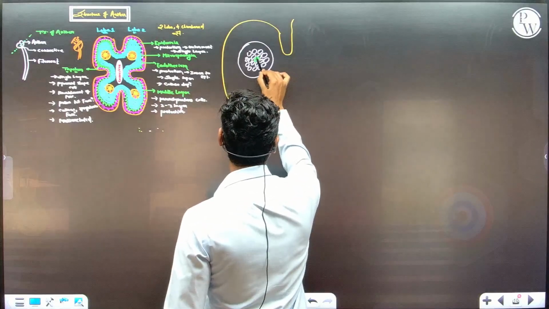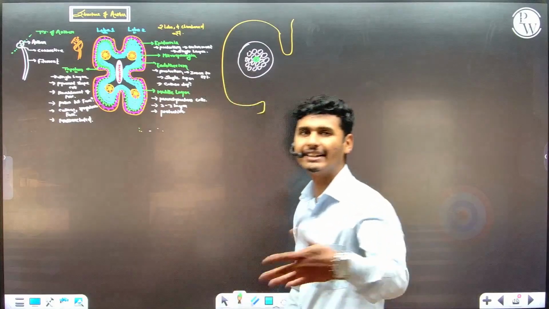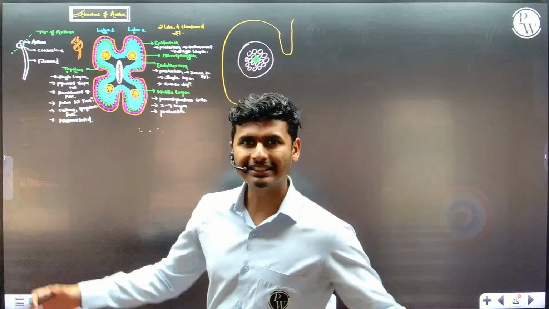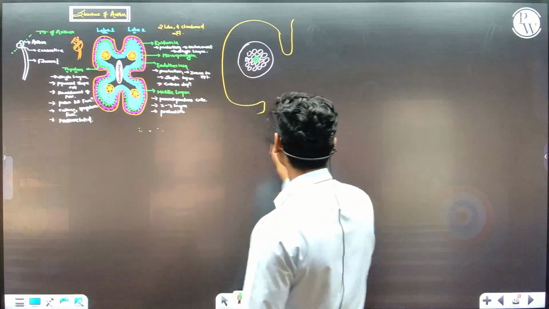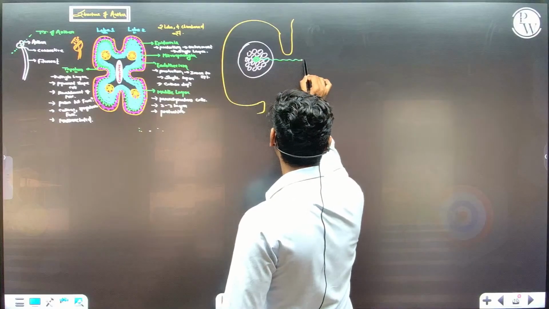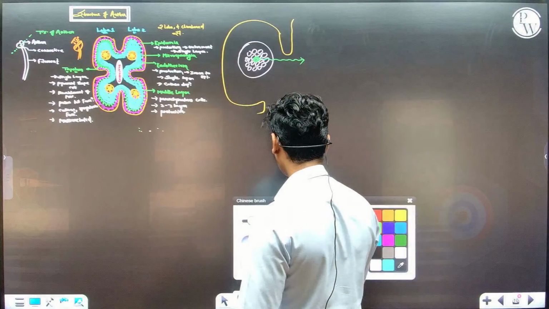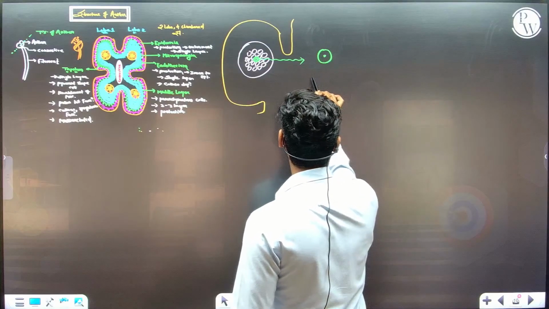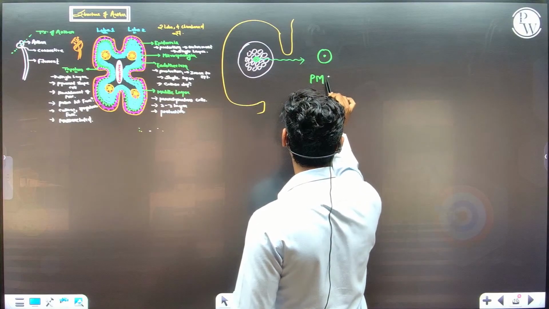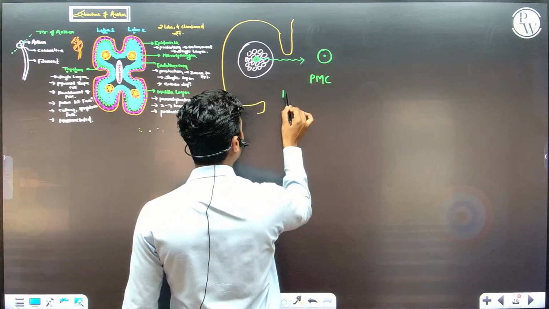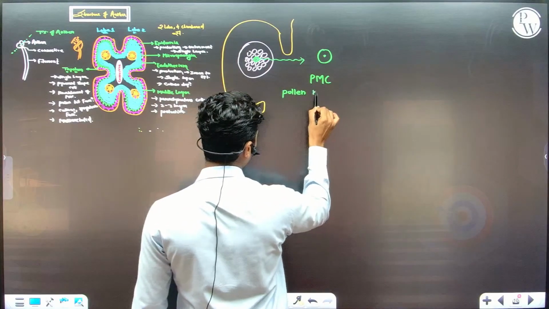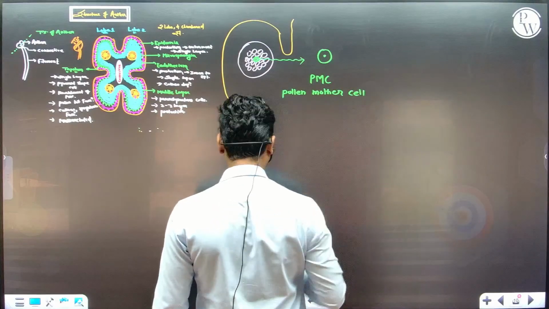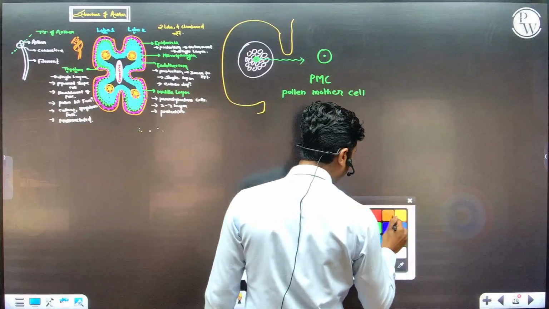Any one cell of this microsporangia starts development, and other cells provide nutrition to it. Not all cells, but some cells provide nutrition. The cell which starts development is called PMC, the pollen mother cell.